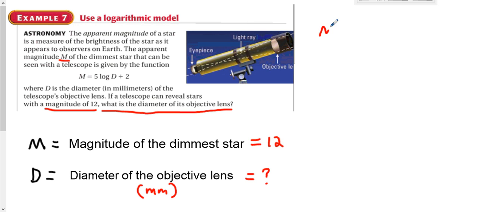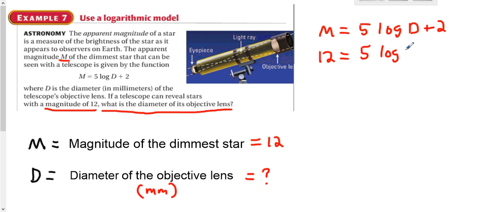So let's go ahead and write our formula up here. m is equal to 5 times log of d plus 2. With a simple substitution, we know m is 12, so I'm going to go ahead and substitute that in. We know I'm looking for d. We're going to leave that alone, and now we get to solve for d.